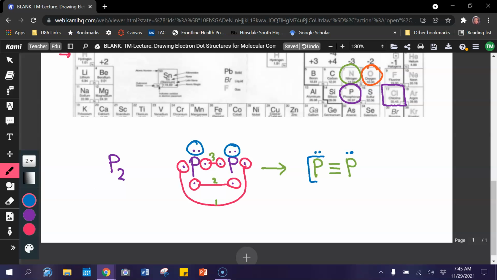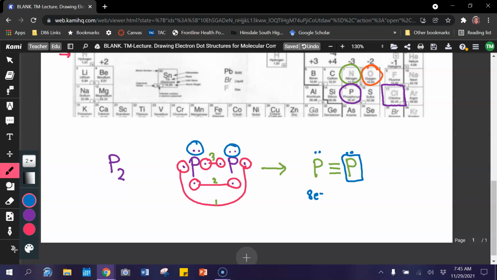So now if I take a look at the phosphorus on the left, I have 2, 4, 6 electrons represented by my dashes, and plus 2 more gives me 8 valence electrons. So that means that my first phosphorus is happy.